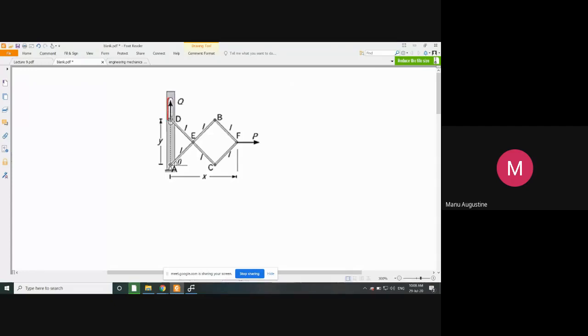This is an empty slot, and this link can move up and down inside the slot. This is a hinge provided at point A so that this link can easily rotate in both directions about point A.